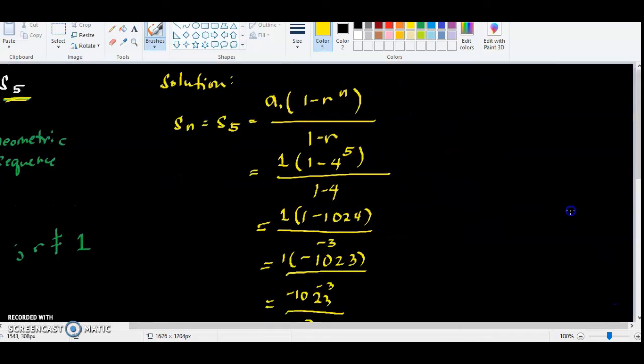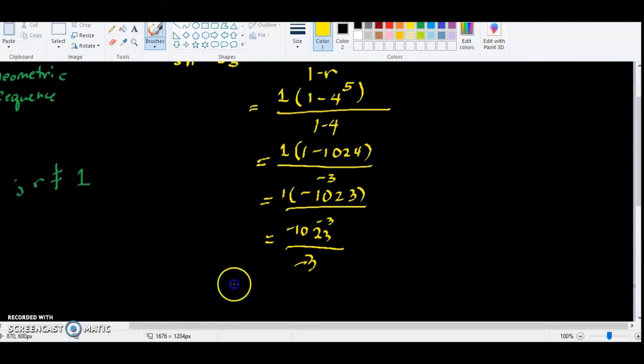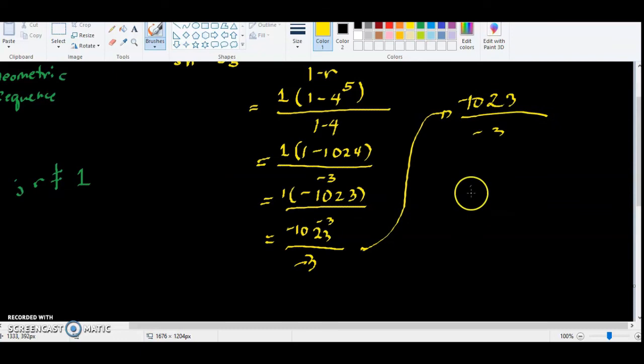Let's try to have that equation here. So that's our equation. So we have 1023 over negative 3, and that is equal to... how many?